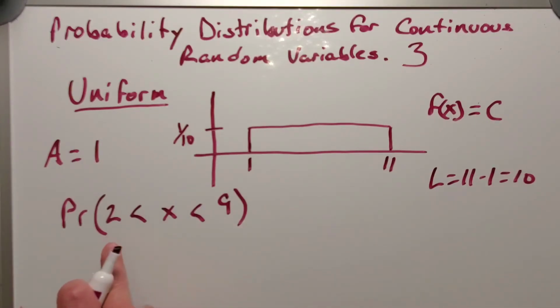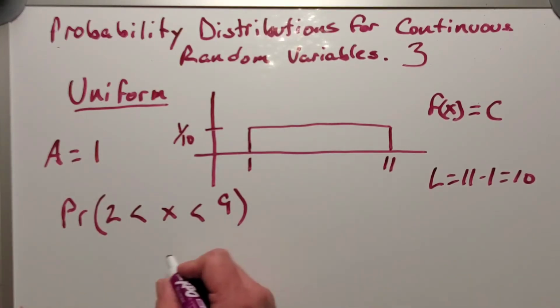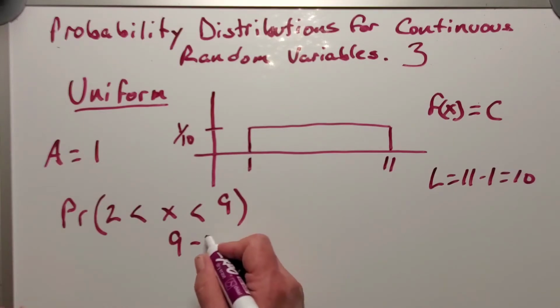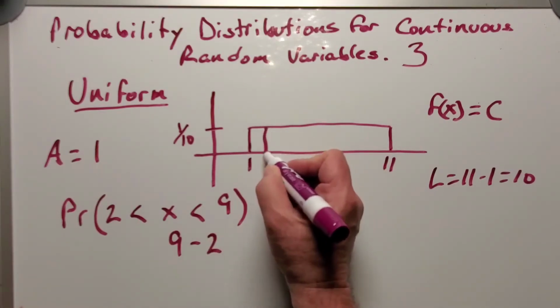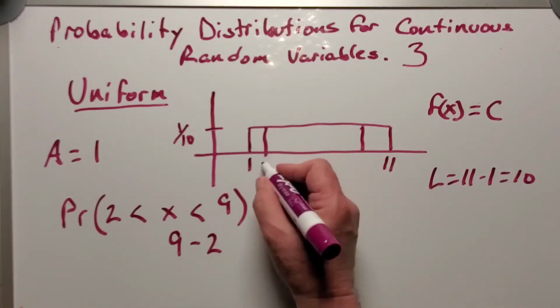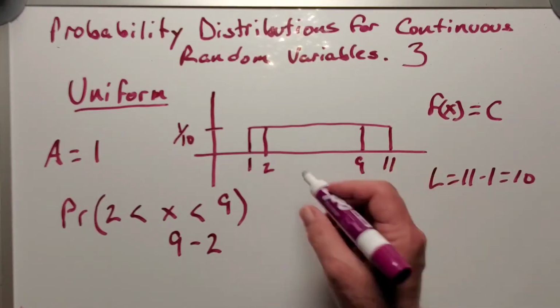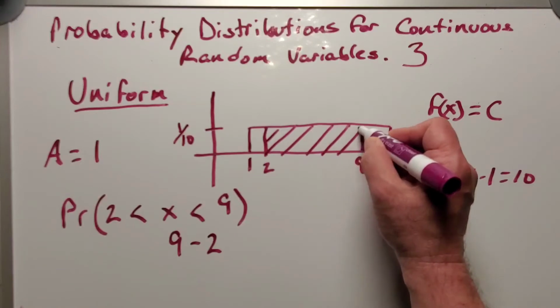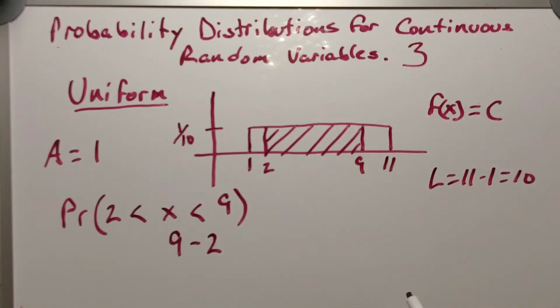Well, I can figure out the length of the interval that we're being questioned about, which is going to be the right endpoint minus the left endpoint. We're talking about these 2 points right here, 2 and 9, and we want to know how much of a proportion this is out of the whole. So I'm going to find out how long that is. I'm going to subtract 2 from 9, and I get 7.